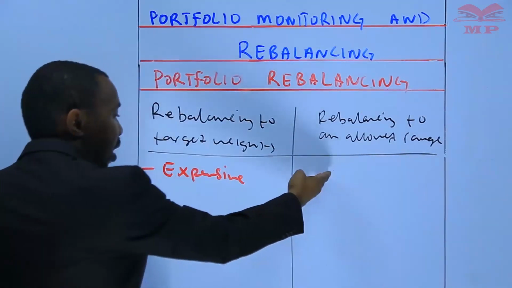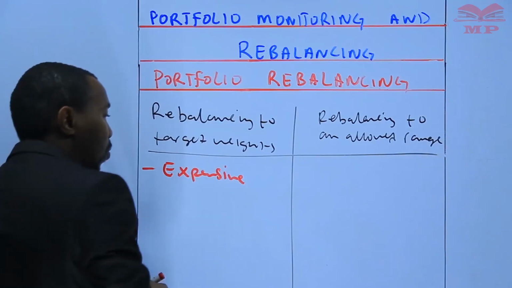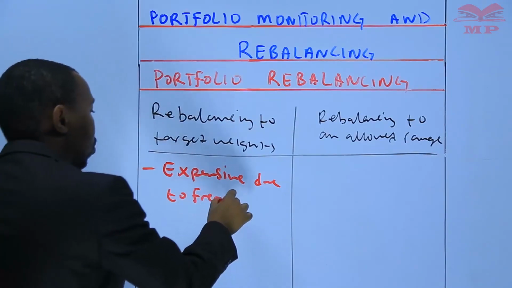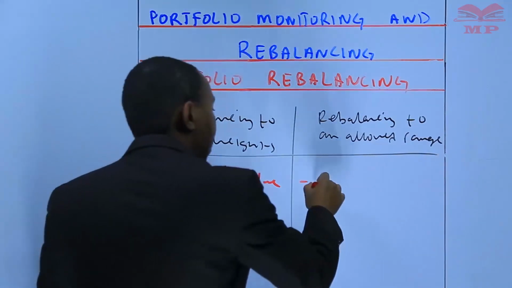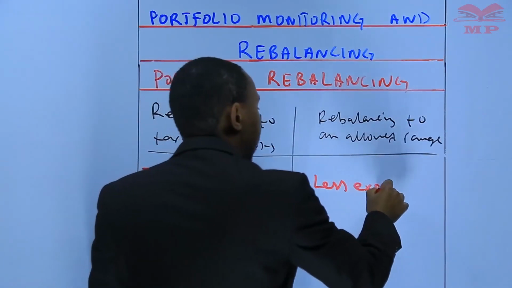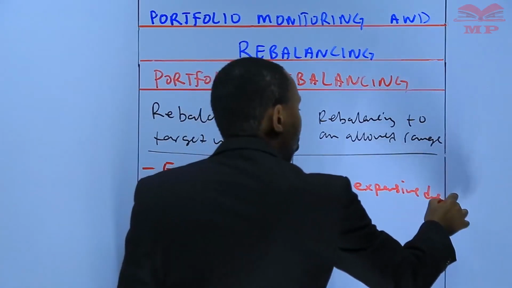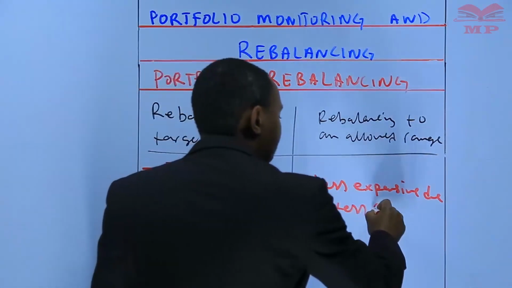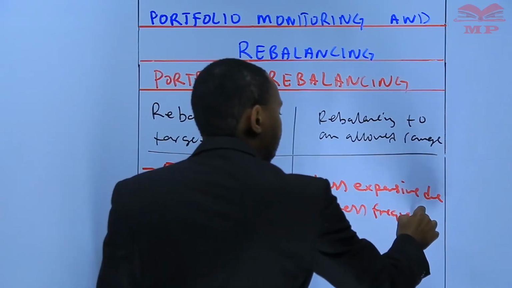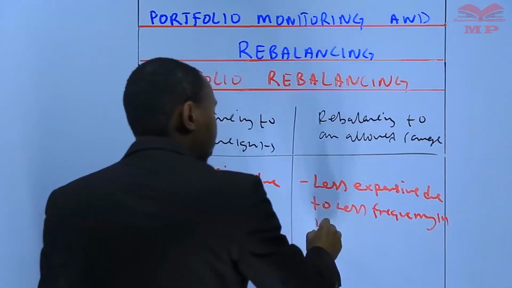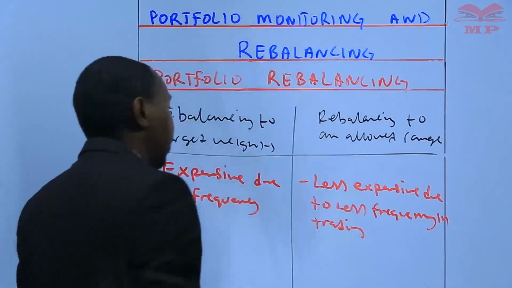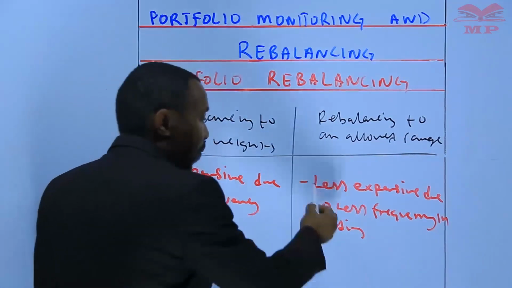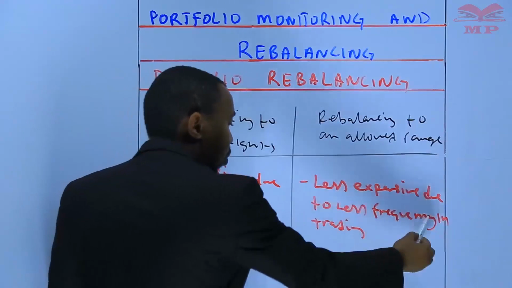This is more frequent over here, and this is less frequent over there. So we're saying this is expensive due to frequency, as it is more frequently performed. This is less expensive due to fewer transactions, less frequency in trading.